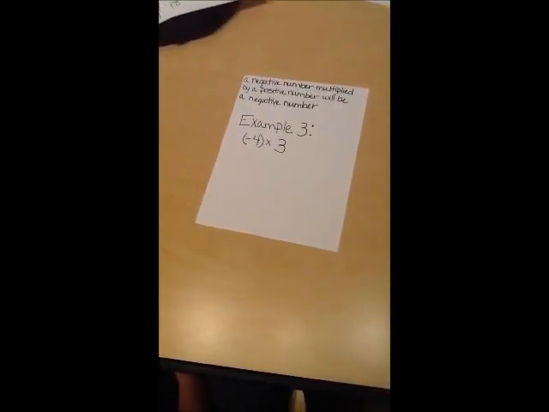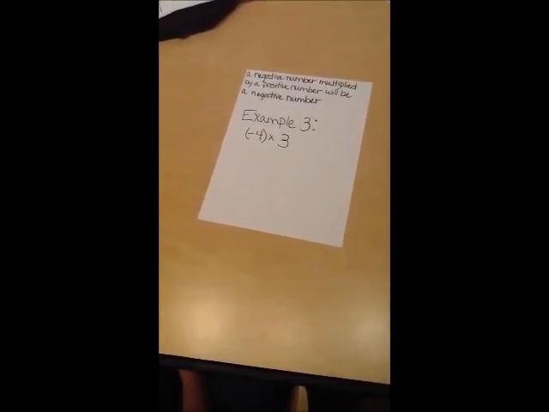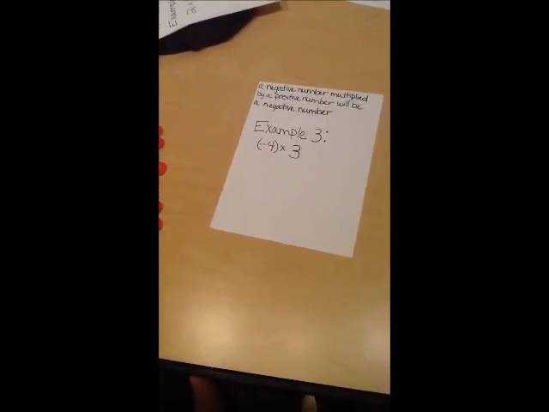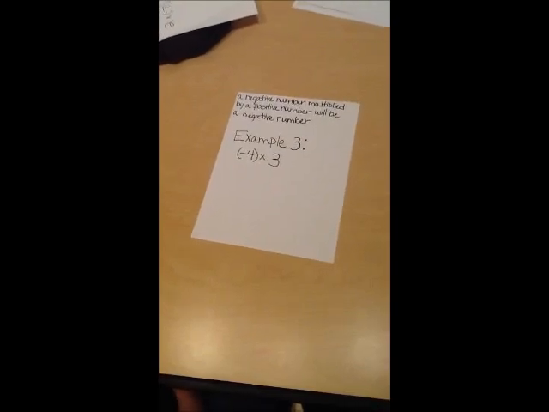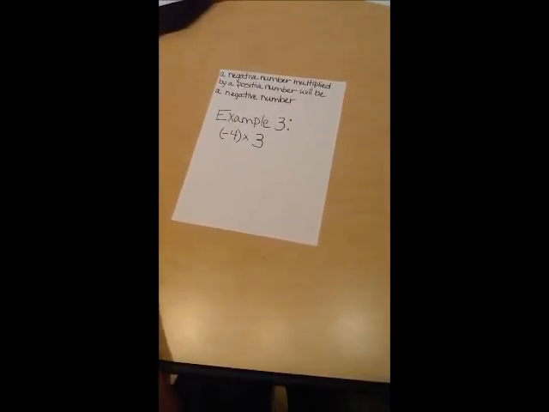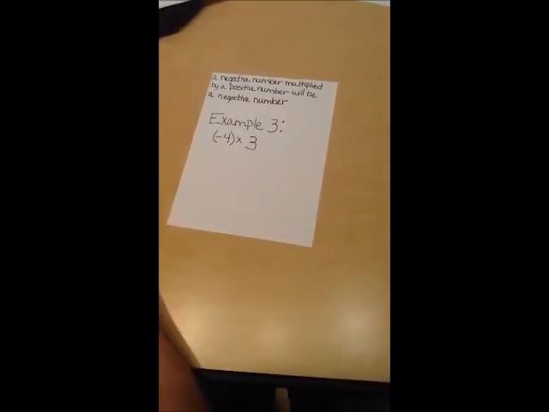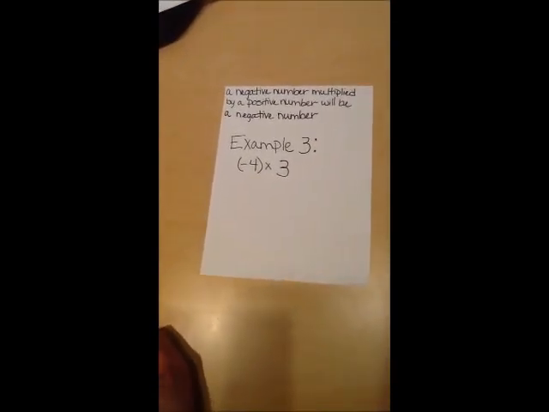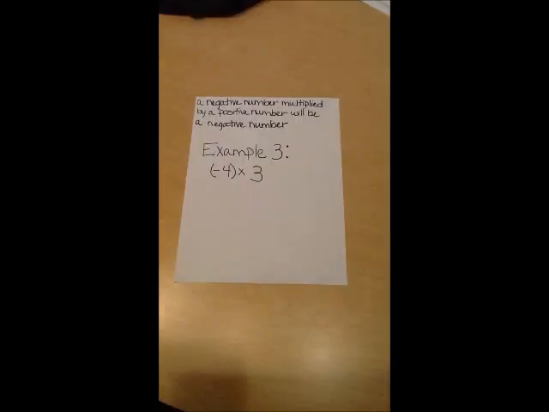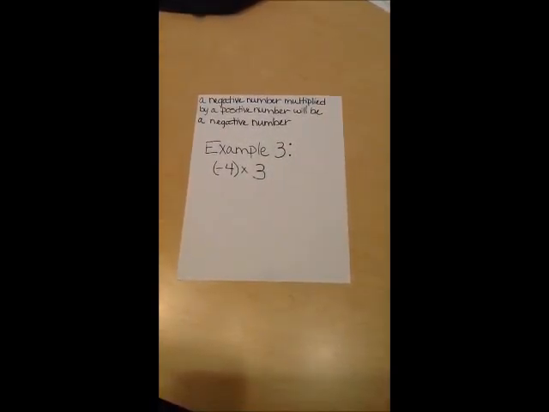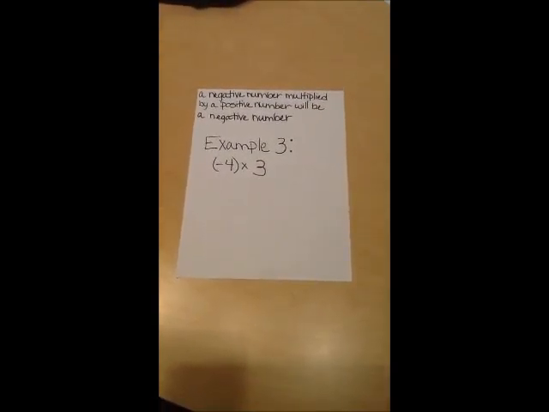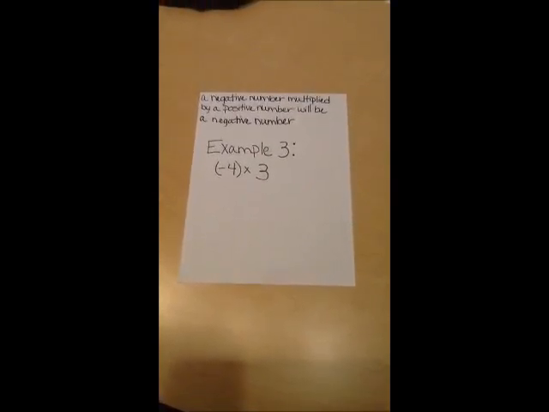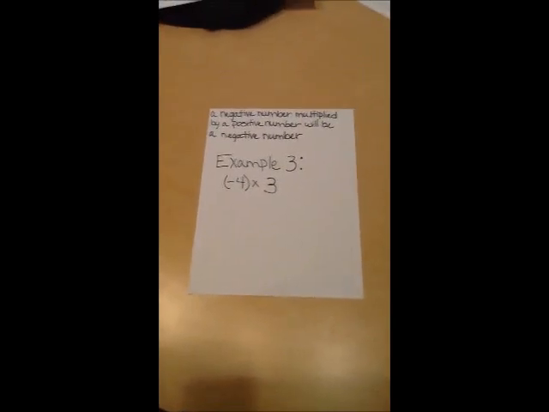Again, since this is thought of as repeated subtraction, what we are doing is having 4 groups that subtract 3 each. So I will start off with no counters because there are no counters right now on the paper, and since we need to subtract, we need to add counters.